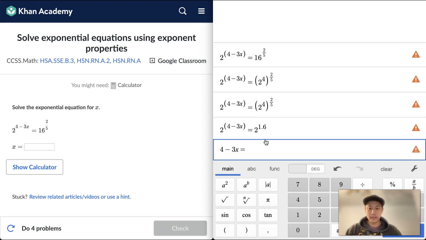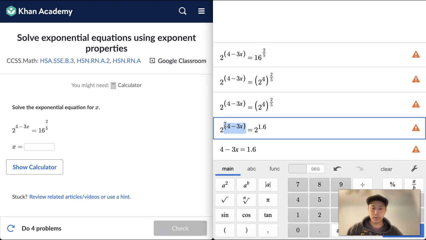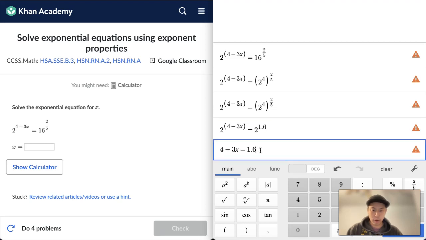And then the right side's exponent should be equal to the left side's exponent. Okay? So notice what I did here. All I did was form a logical argument that if I have the same bases, then the exponents have to be equal to each other. So I'm just able to set those two together, get a simpler equation, and I'm still solving for x.